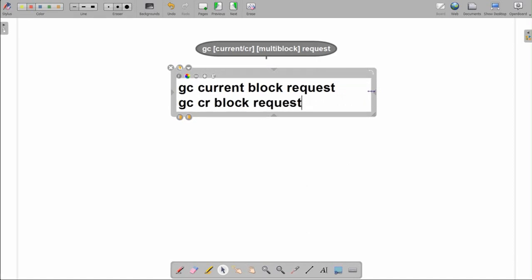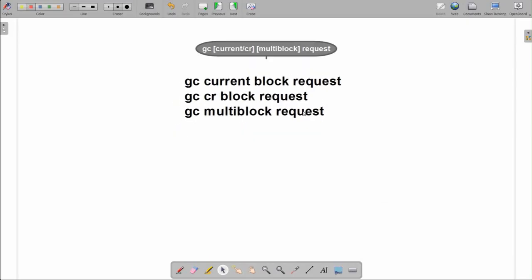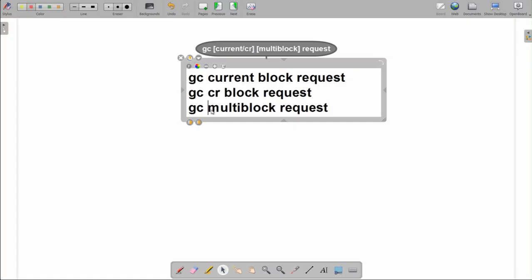And this is another wait. And also global cache multi-block request. And these are all actually the same thing: global cache consistent read and also current multi-block request.